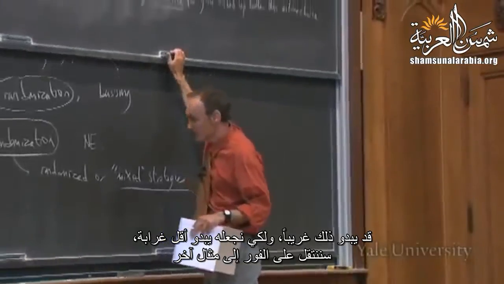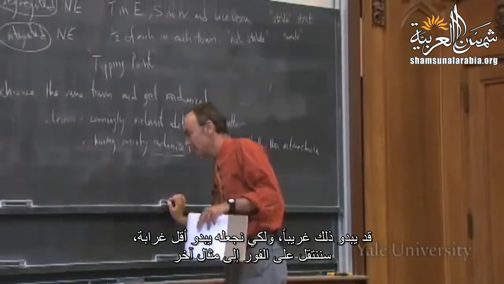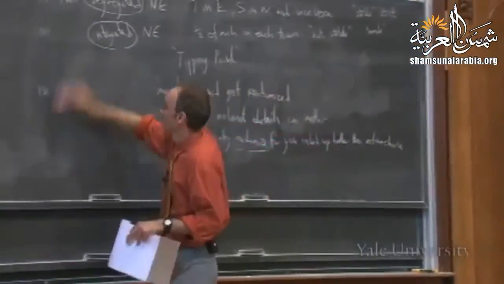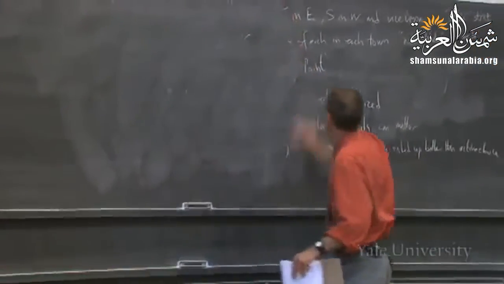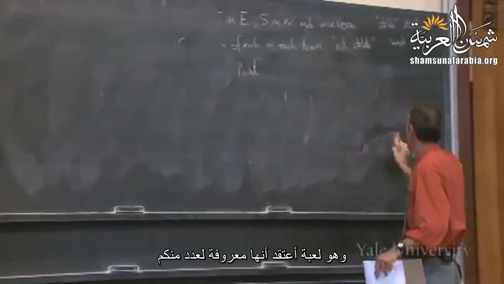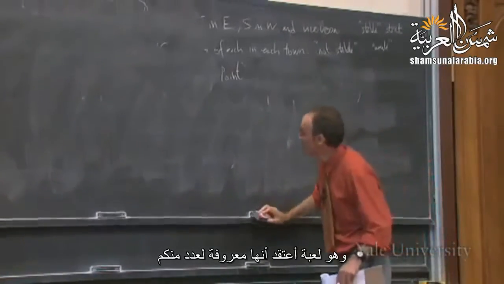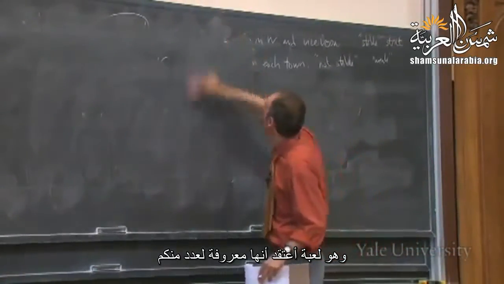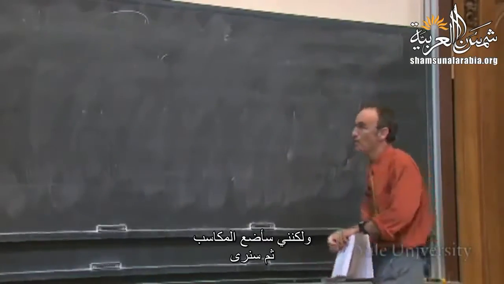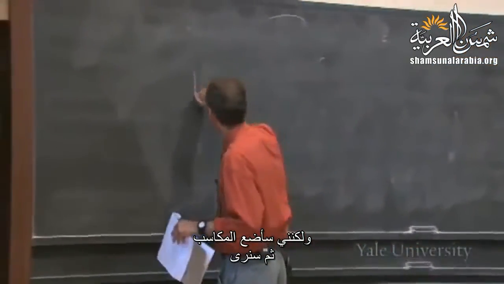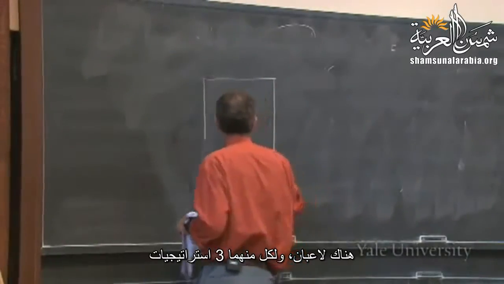So to make it seem a little bit less weird, let's move immediately to an example. The example I want to talk about is a game that I think is familiar to a number of you. But I'll put up the payoffs and see. So the payoffs look like this.